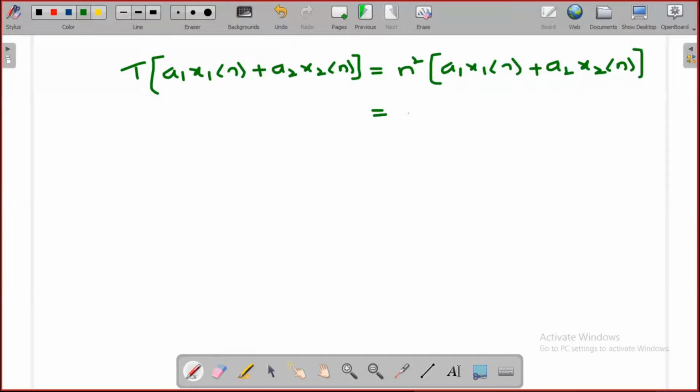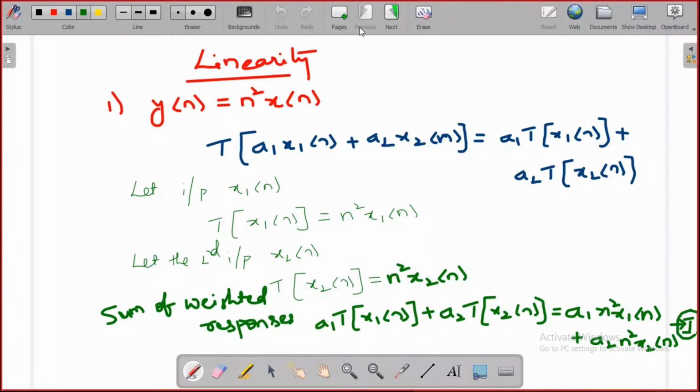Just multiply this: a1 n square x1 of n plus a2 n square x2 of n. Let's say this is equation 2.